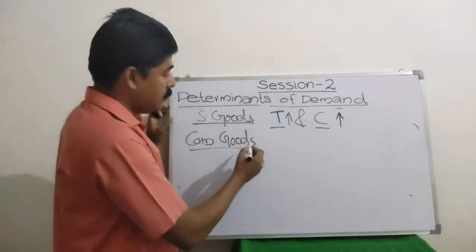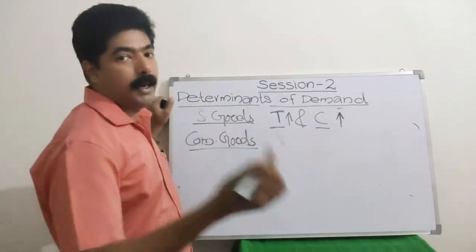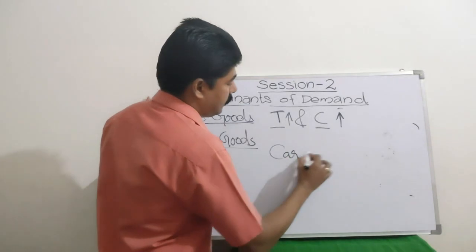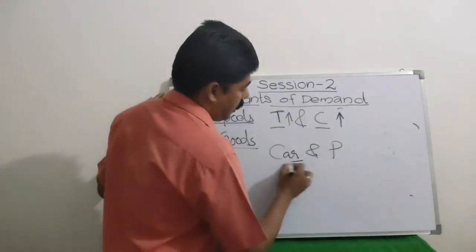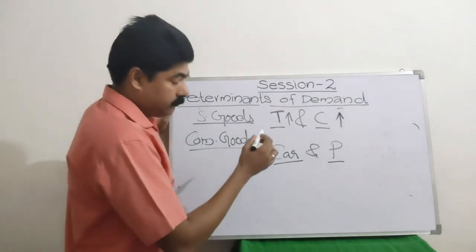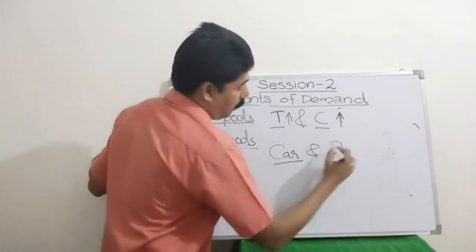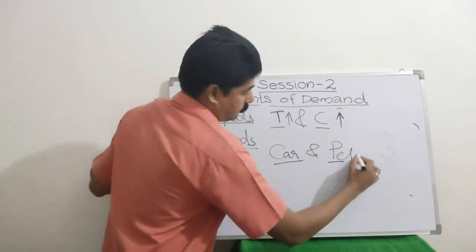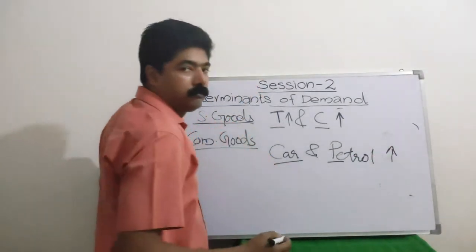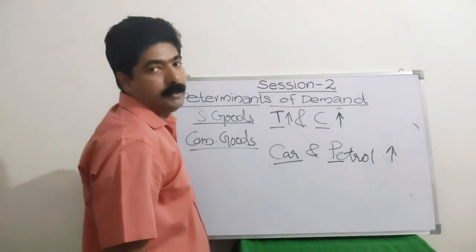So then how does complementary goods demand get affected when its price increases? Okay, listen, car and petrol. Suppose the price of petrol increases. You just imagine the price of petrol increases.